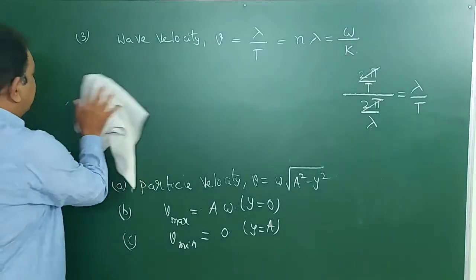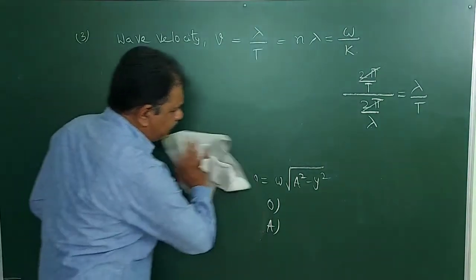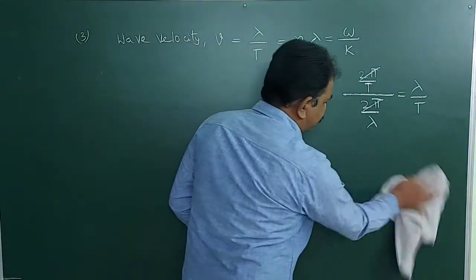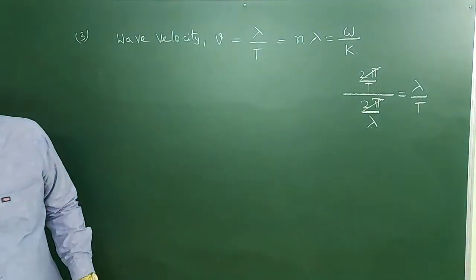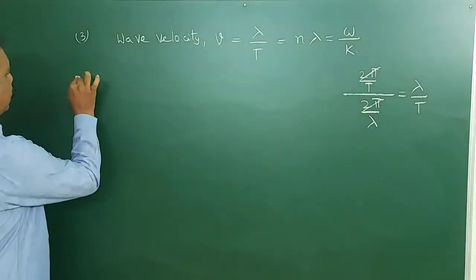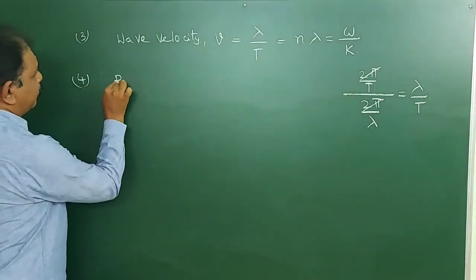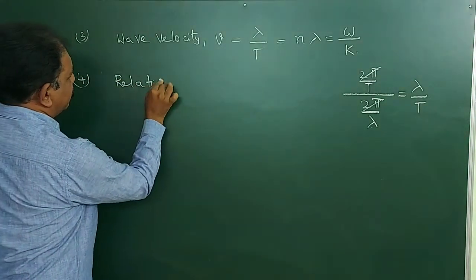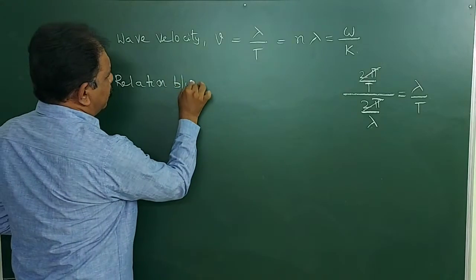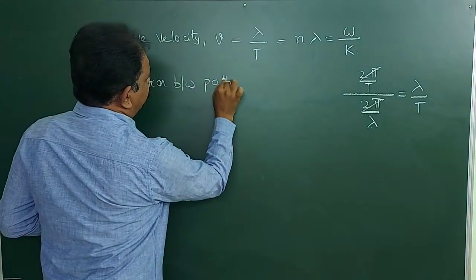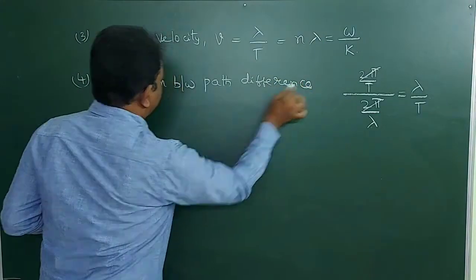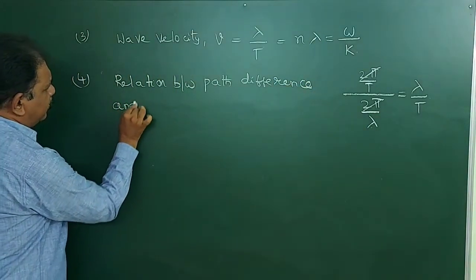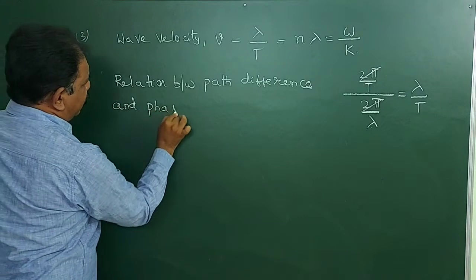Next, relation between path difference and phase difference. Relation between phase difference and time difference they will give. So the fourth one: relation between path difference and phase difference.